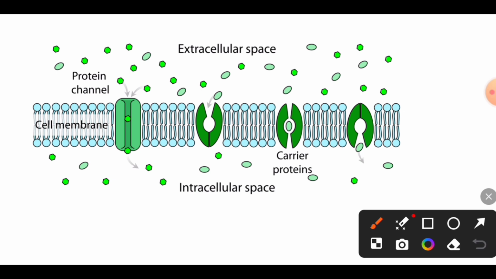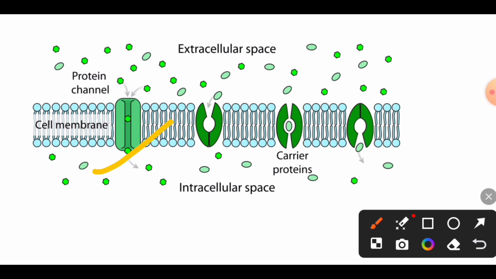The movement of molecules across the carrier proteins is relatively slow when compared to the channel protein. There are three types of carrier proteins: uniport, symport and antiport type of proteins.